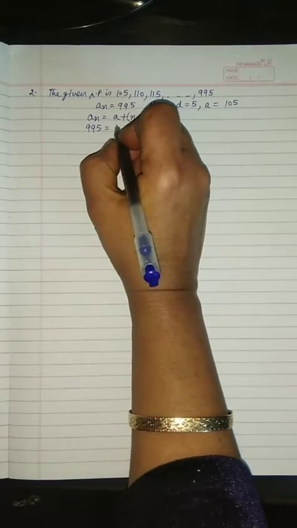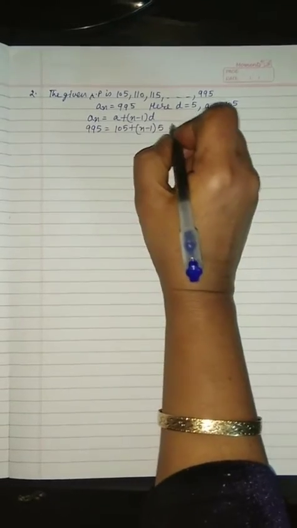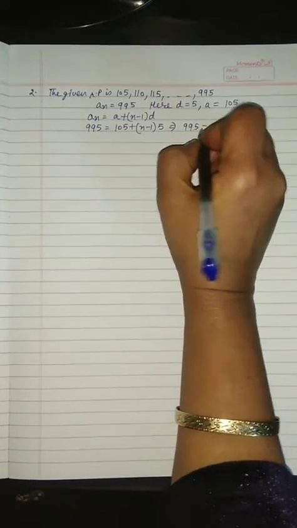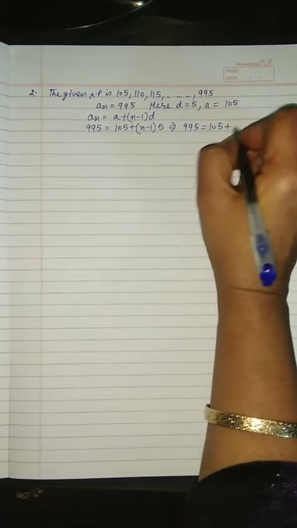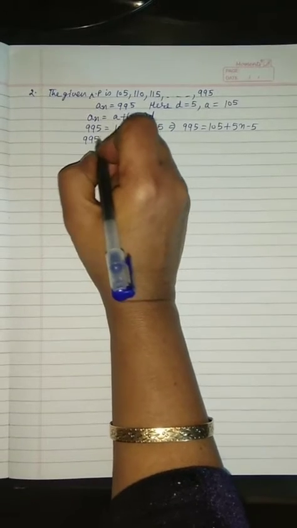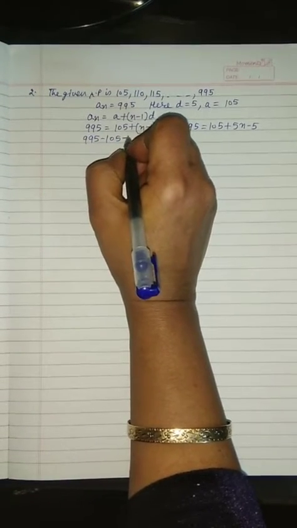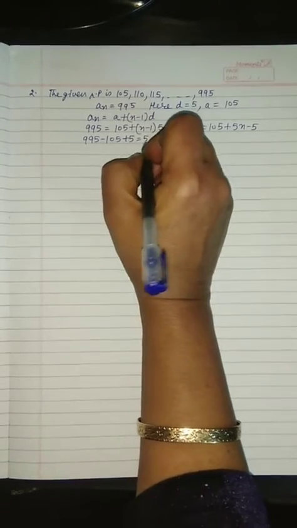So an is 995, is equal to a, that is 105, plus (n minus 1) times d, which is 5. So it will become 995 is equal to 105 plus 5n minus 5. Now taking 105 to the other side, 995 minus 105 plus 5 is equal to 5n.